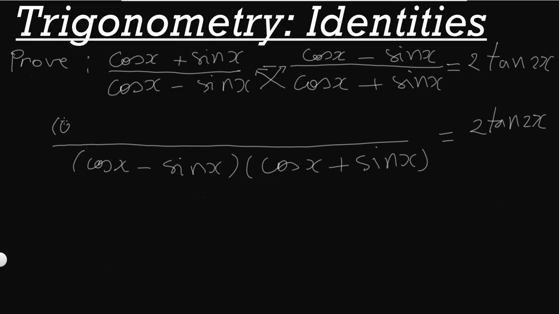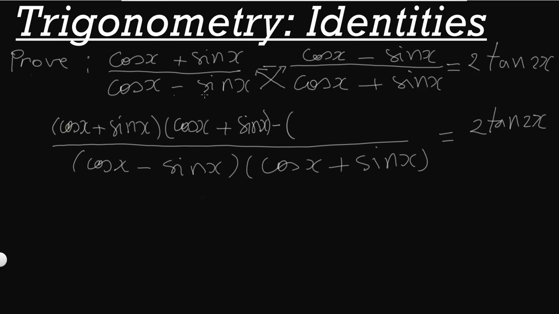So we have cos x plus sin x multiplied by cos x, sin x, and on this side we have a minus.